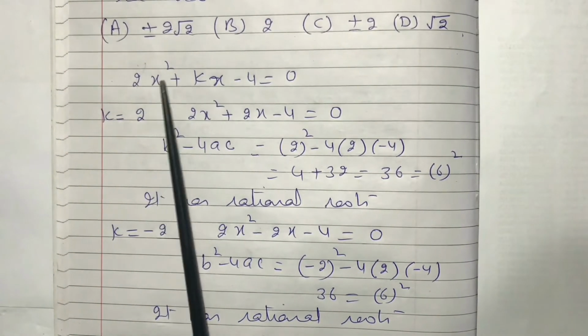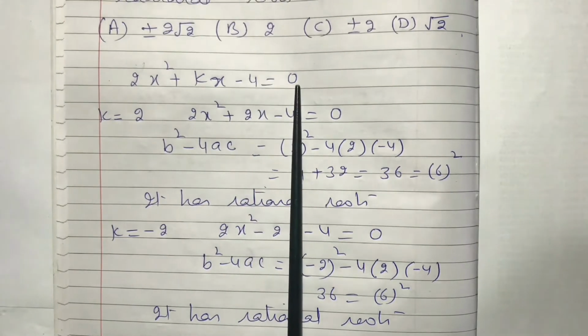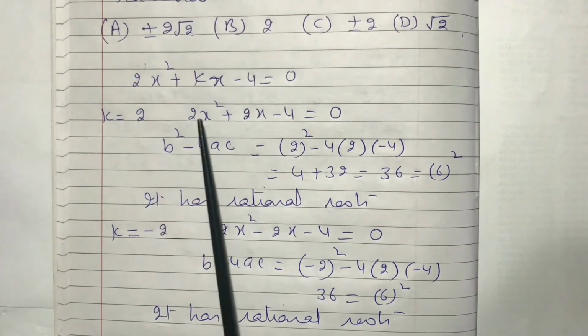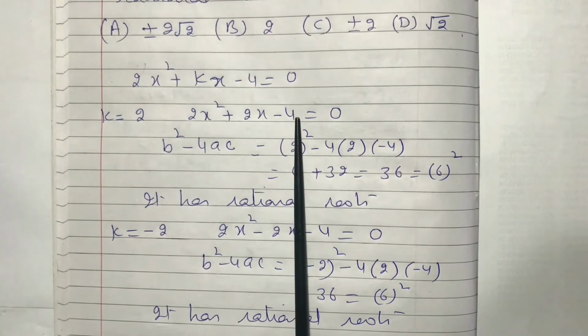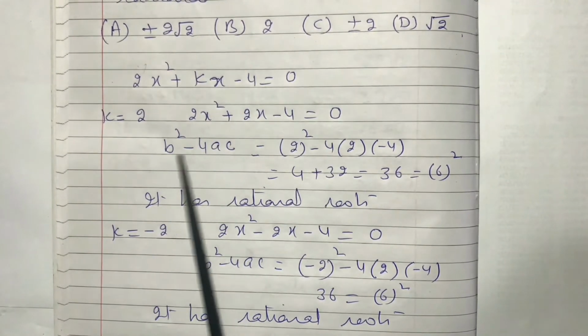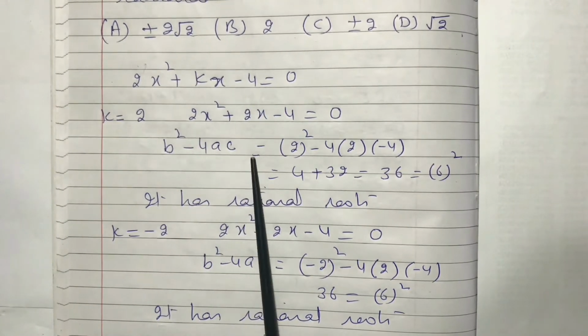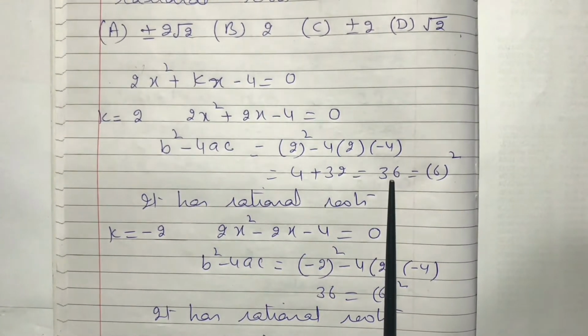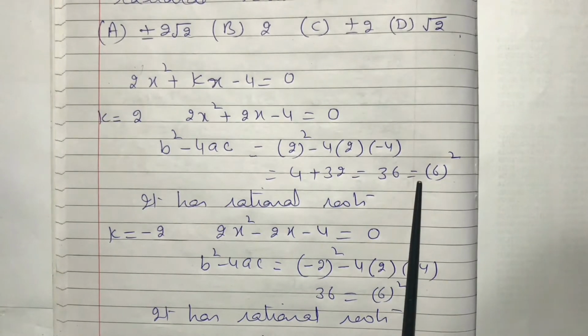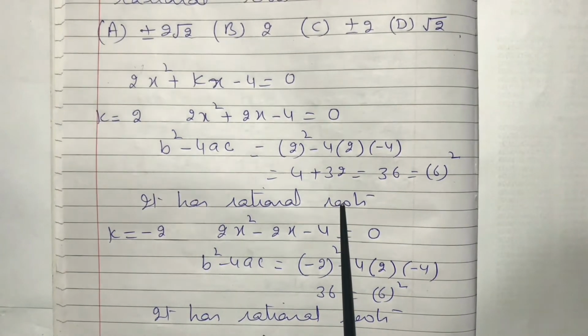Now quadratic equation is 2x square plus kx minus 4 is equal to 0. Let k is equal to 2. It means 2x square plus 2x minus 4 is equal to 0. I'm going to find the value of b square minus 4ac. b square minus 4ac here comes out to be 36. If it is a perfect square of some number, then it has rational roots.